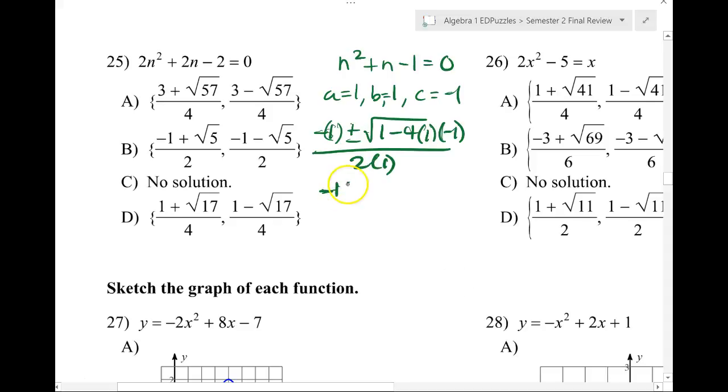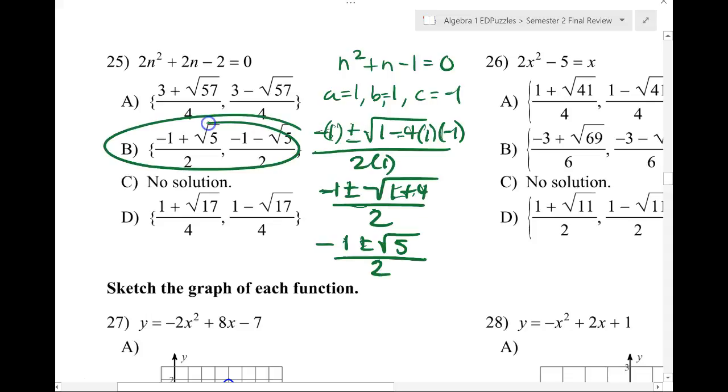So we get negative 1 plus and minus the square root of, we're going to have negative 4 times 1 times negative 1. Well, that's just going to be positive 4, so 1 plus 4, all over 2 times 1, which is 2. And you guys probably already see what the answer is here, because when I add this 1 and 4, I'm going to get 5. So I'll get negative 1 plus or minus the square root of 5, all over 2, and we know that that is b. Okay?